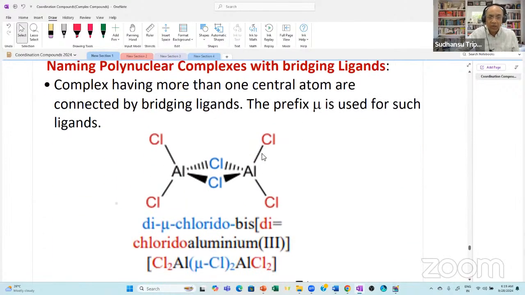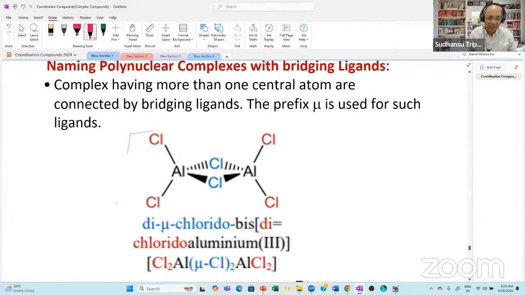And I will also tell some complexes having bridging ligands. These are called binuclear complexes, where there are 2 central metal atoms. Don't be swayed away by the term nuclei.